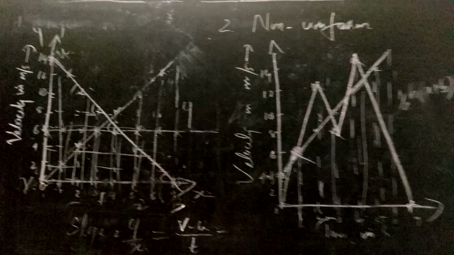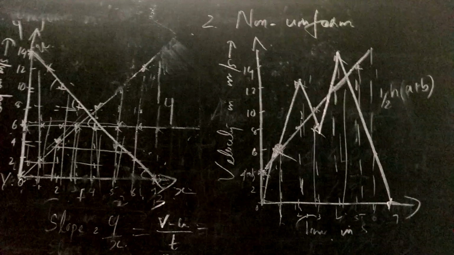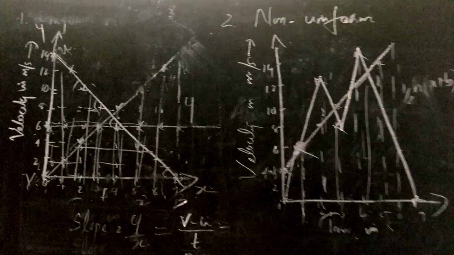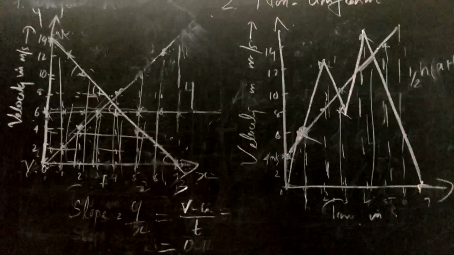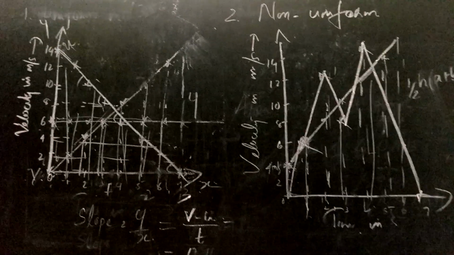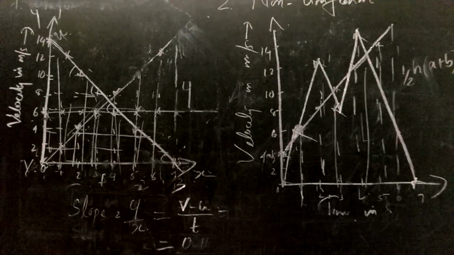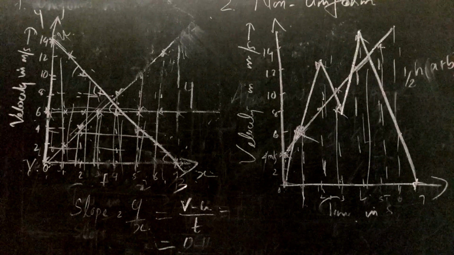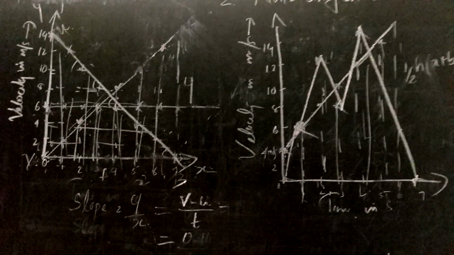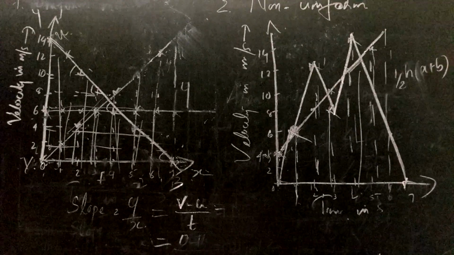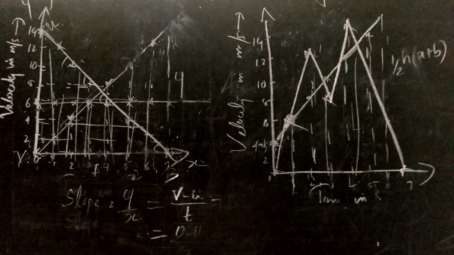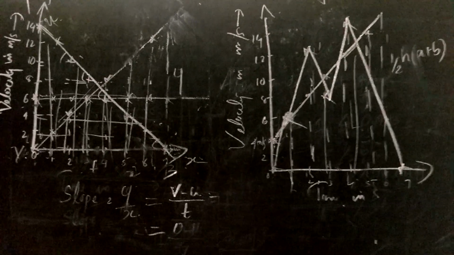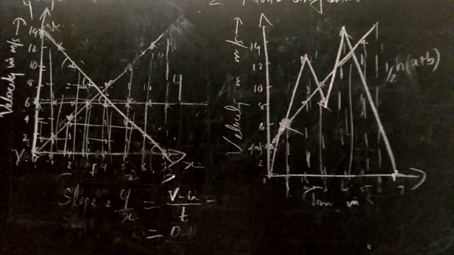First question: what is the importance of drawing a distance time graph? In a distance time graph we can find the position of an object. Based on the position we draw the graph, so we can locate the position of an object at a particular instant of time, and find how much distance is traveled in a particular interval of time.